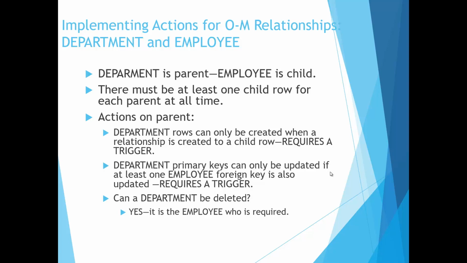So it will alert us and tell us that something happened or something was created. Department primary keys can only be updated if at least one employee foreign key is also updated, which also requires a trigger. And can a department be deleted? If yes, then it is the employee who is required.